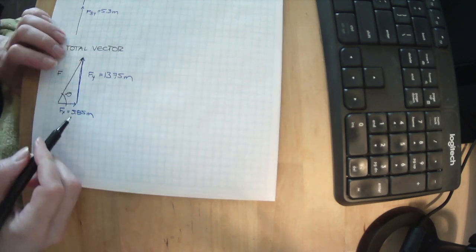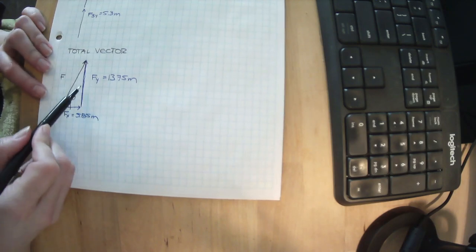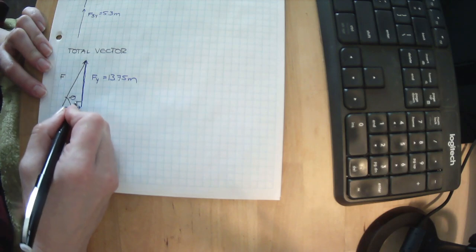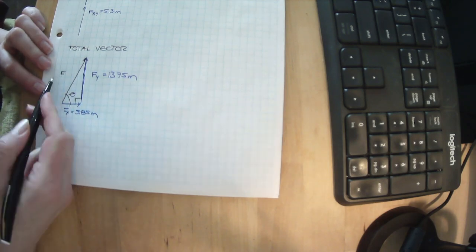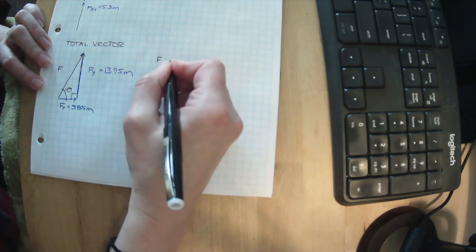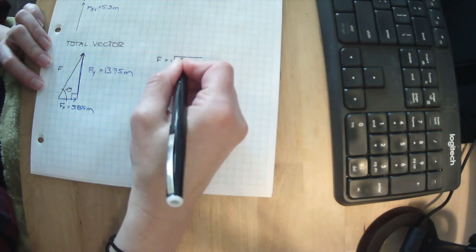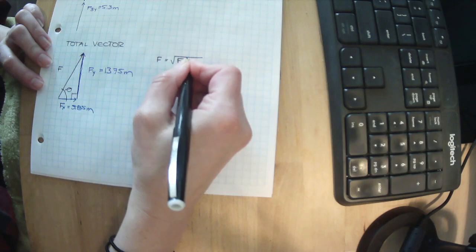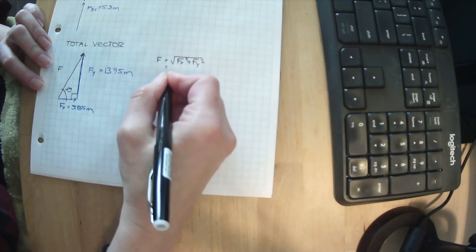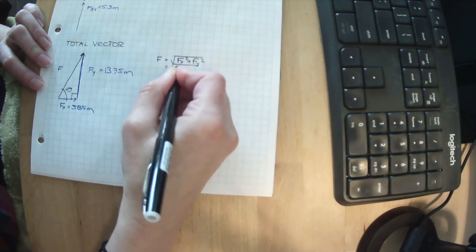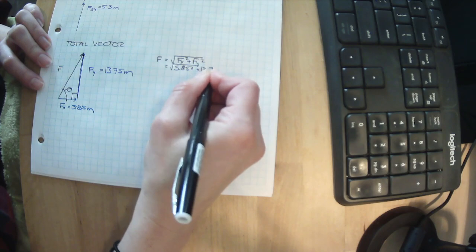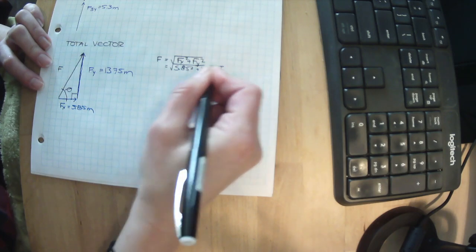All right, well, its value, this is the opposite side, this is the adjacent side, this is a 90-degree angle. We can figure out what F is. F equals the square root of Fx squared plus Fy squared, or the square root of 5.85 squared plus 13.75 squared.